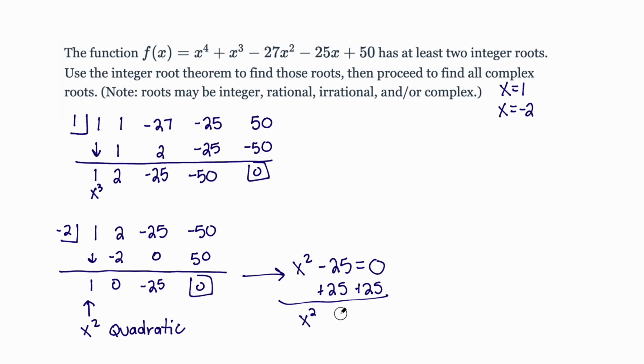And I'll get x squared equals 25. Now I take the square root of both sides, and I will get x equals plus or minus 5, which means I know that my other answers are 5 and -5.